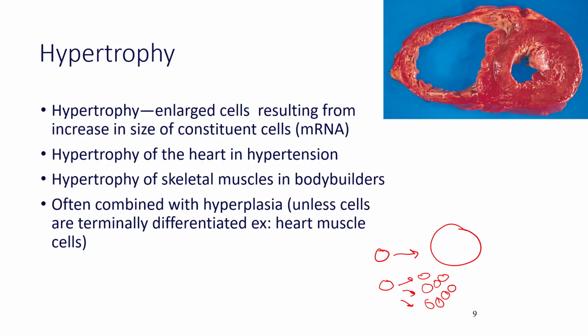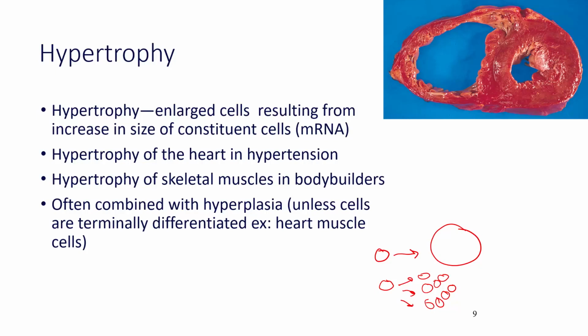So they're going to grow larger or become hypertrophic if they increase the amount that they eat. However, they're not going to necessarily grow more cells because adipocytes, muscle cells, neurons, those are all terminally differentiated. You can't just make more of them unless you have particular types of stem cells, and that gets a little bit more complicated than the scope of this course.